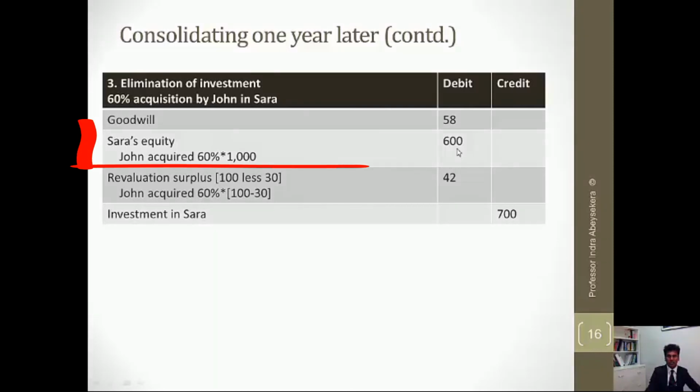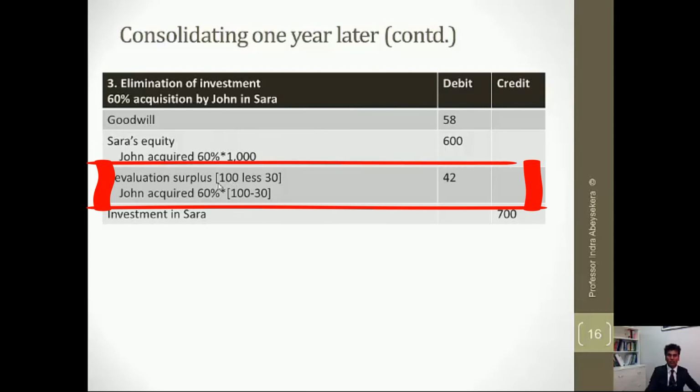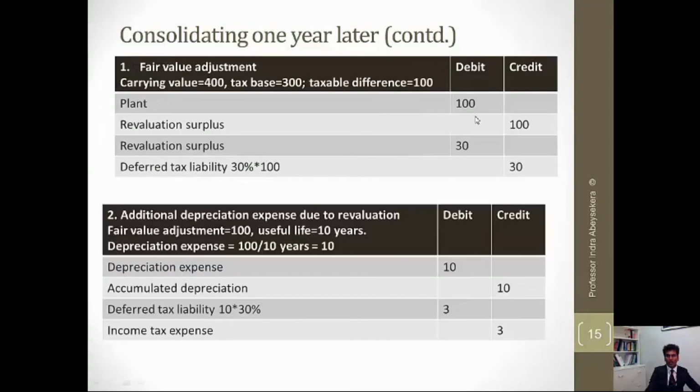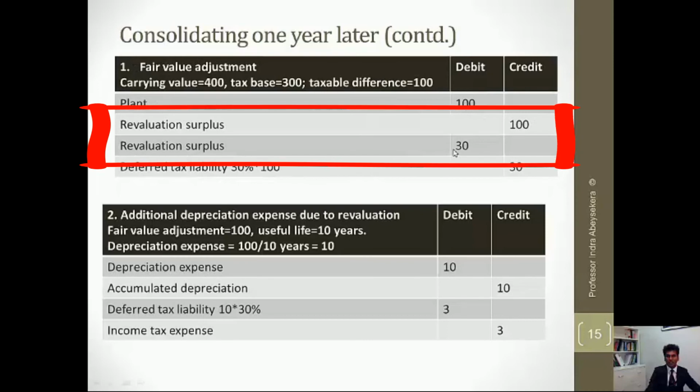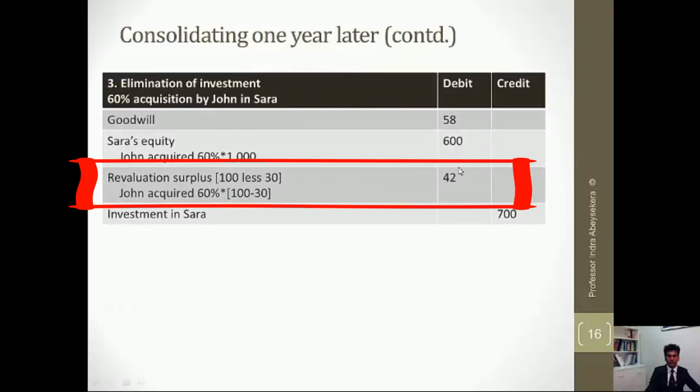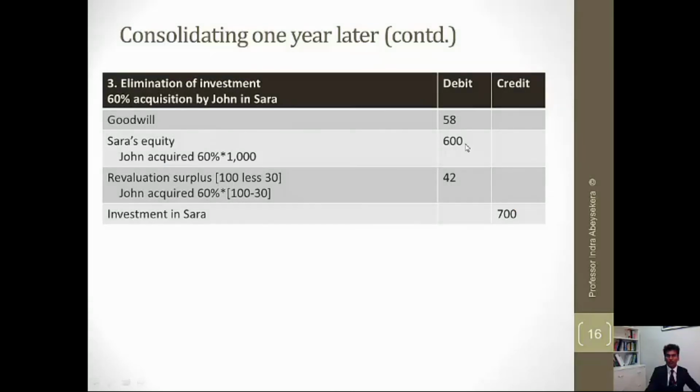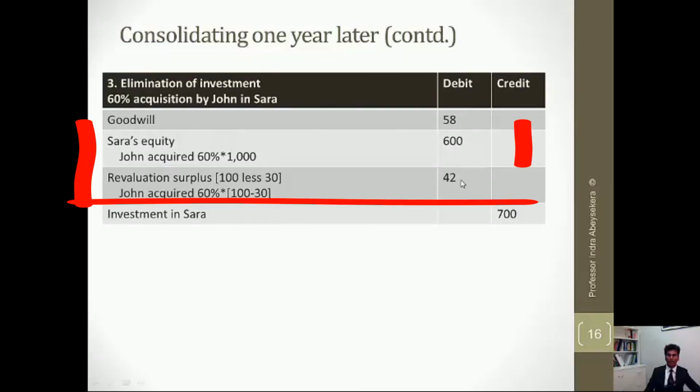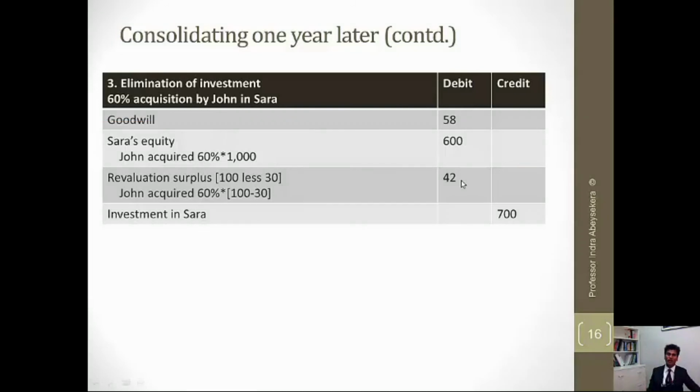And then the revaluation surplus, which Sarah has not done, the group did it for Sarah: 100 minus 30 is 70, times 60%, 42. That is part of Sarah's equity to bring it to market value. Together this is 642.